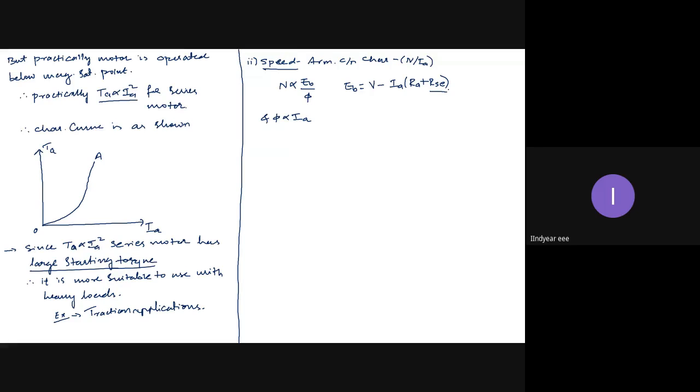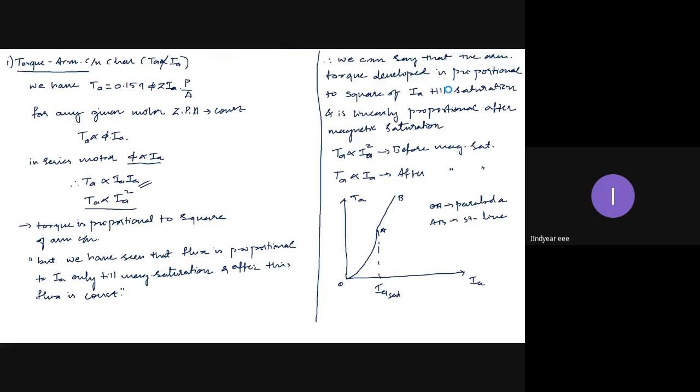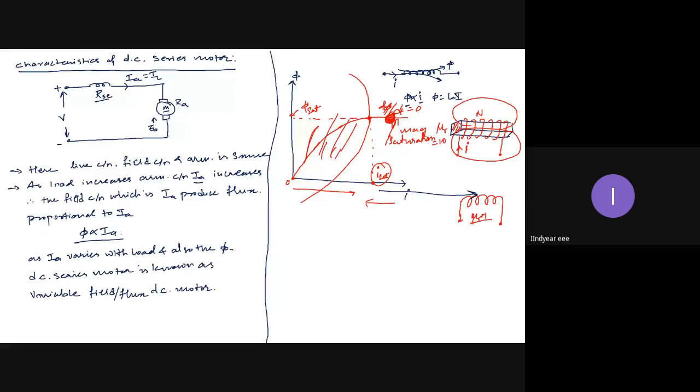We have discussed that since the series winding is carrying full armature current, I should keep RAC minimum to minimize the copper losses. But how do I keep RAC minimum?